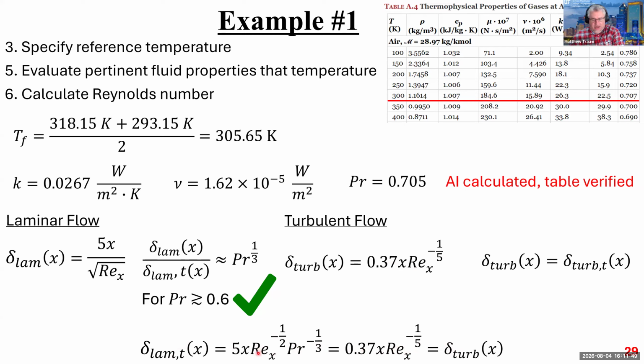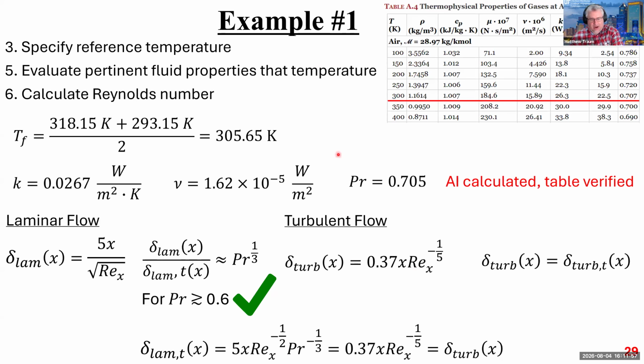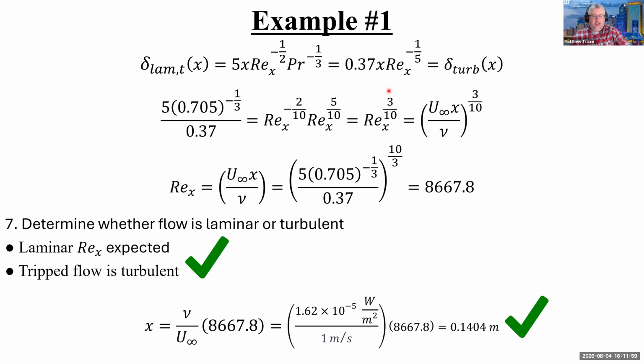The Reynolds number is in here. Reynolds number has X in it. That's how I get to my X value. So this is just borrowed from that previous slide, right? This equation is just this equation. And now I'm solving this for the Reynolds number, right? So I'm pulling all the constants out. I'm getting the Reynolds number all by itself.